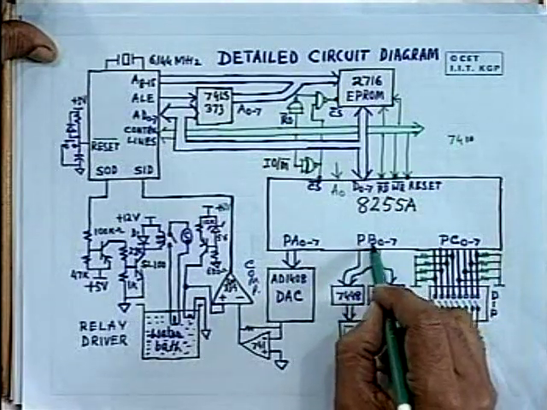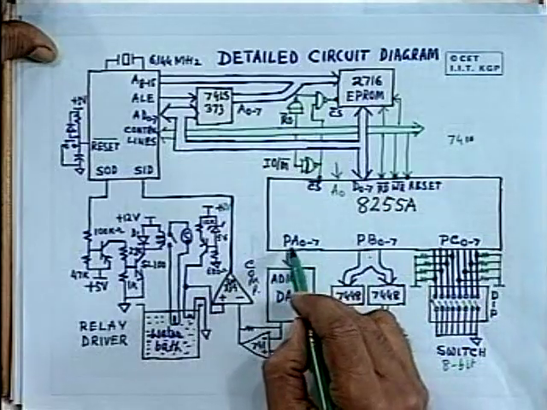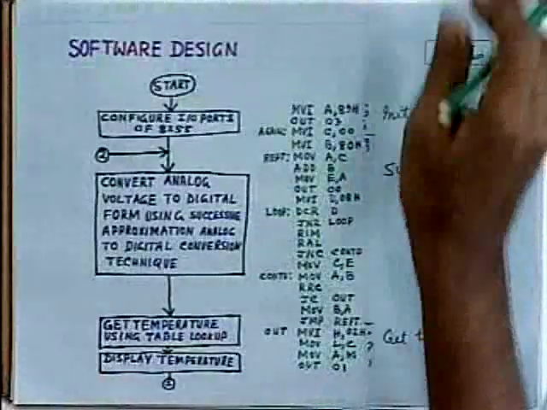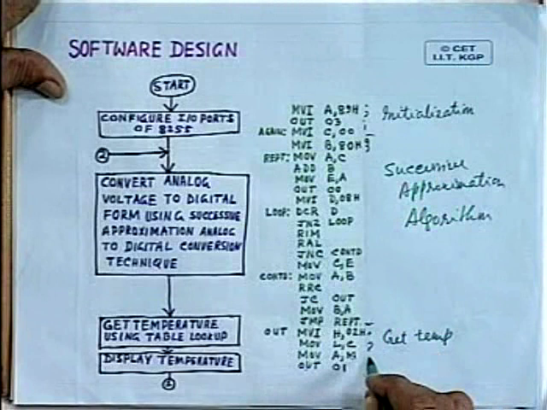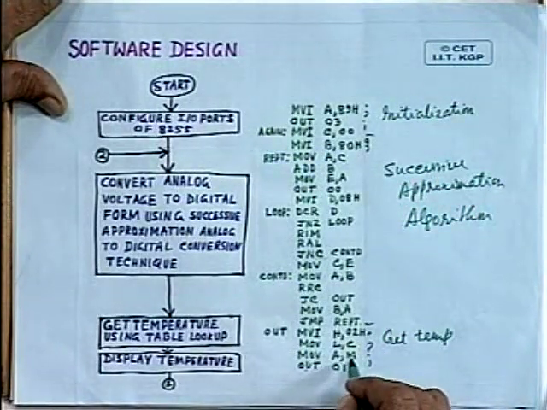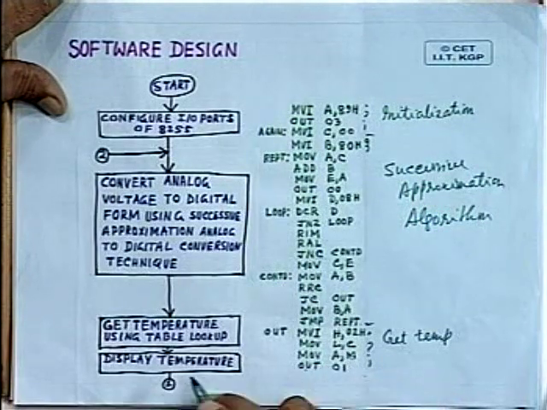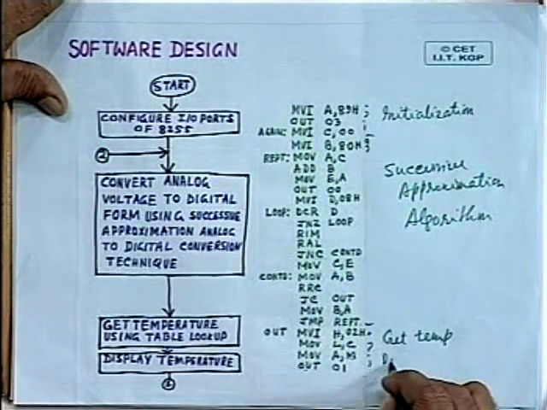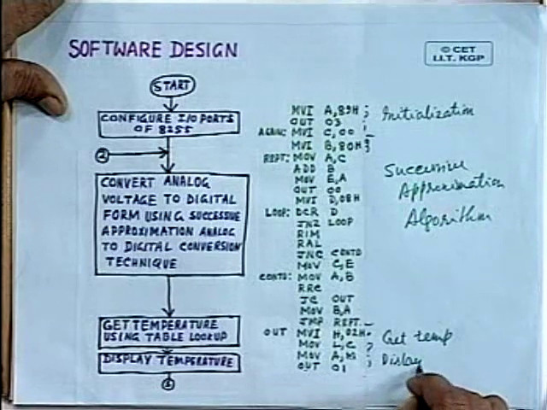The address of this is 01, and the address of this is 00, and that is what is being done here. Here the digital data is transferred to the display, and you get a display here. So this displays the temperature.